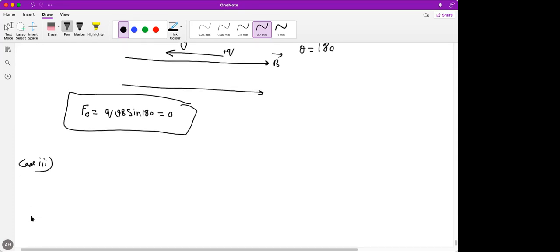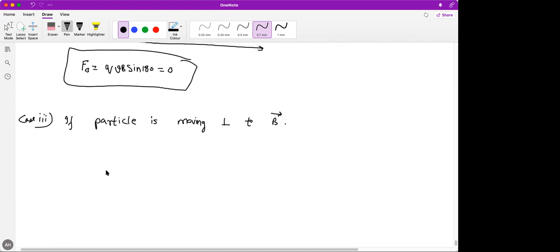But if it moves perpendicular to the magnetic field, then yes, it will experience a force. Now let's check what would be the path of a charged particle if it is moving perpendicular to the magnetic field.